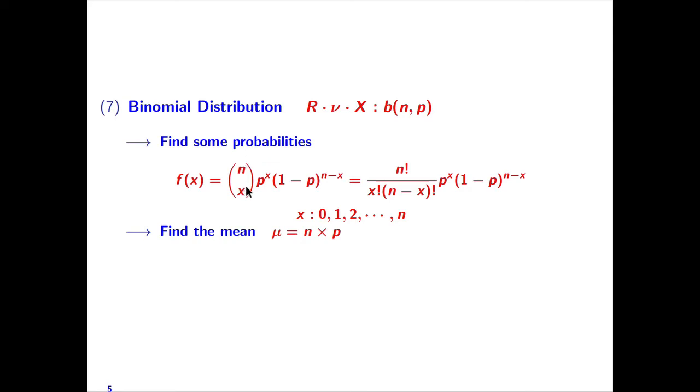And this combination can be computed by n factorial over x factorial times n minus x factorial. And then you multiply by p to the x times 1 minus p to the n minus x to get the probability, where x starts with 0 and then 1, 2, all the way to n. Now, to find the mean, you just need to use n times p.